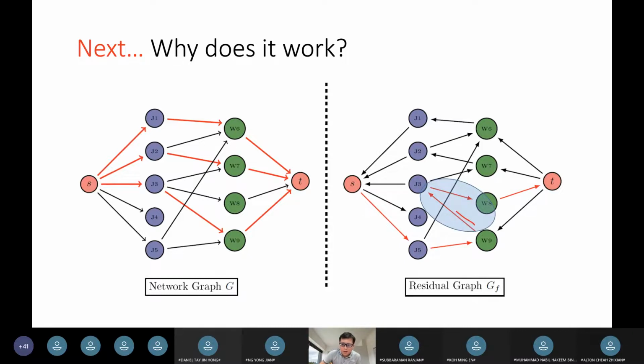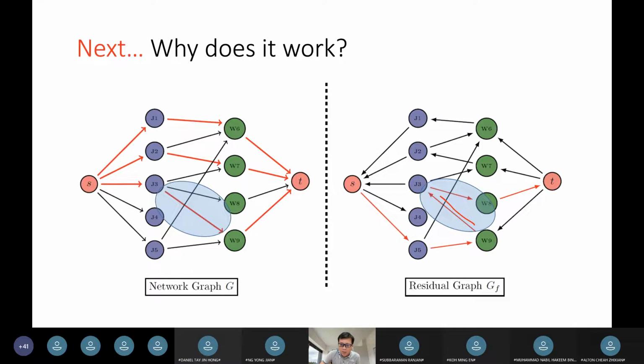You have the reverse one, you see? But in the original graph, we have this one only, from J3 to W9. Now from the residual graph, you have W9 to J3. So how do you update it? Okay, so you look at this, right? There is something mismatch. Okay. So how do we do that?